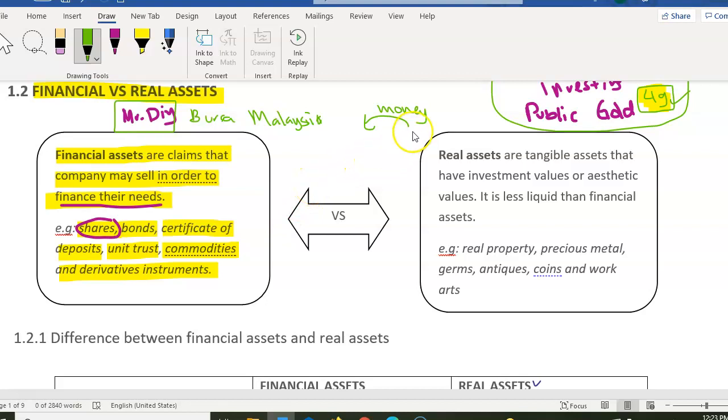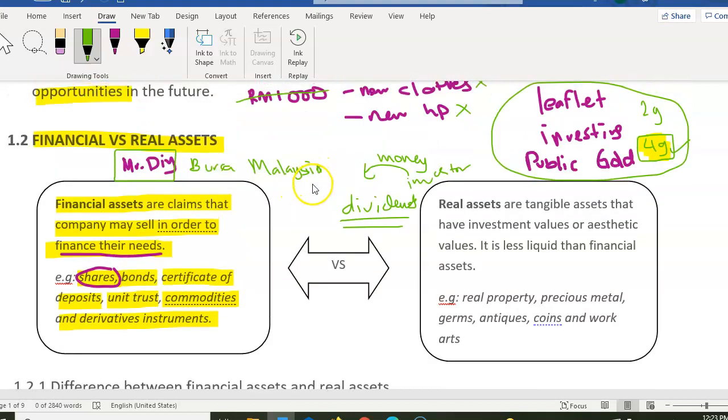So the profit that the investor will get is, okay, some dividend in the future. If he or she wants to hold the shares throughout the financial year, dia mungkin akan dapat dividend as dia punya profit lah. Ataupun dia tunggu untuk price appreciation. Contoh bila masa dia beli saham Mr. DIY tu harganya RM2.10 for example.